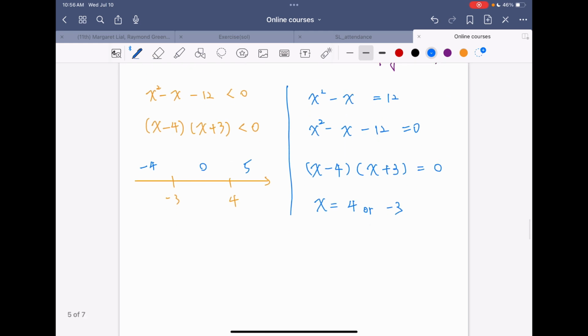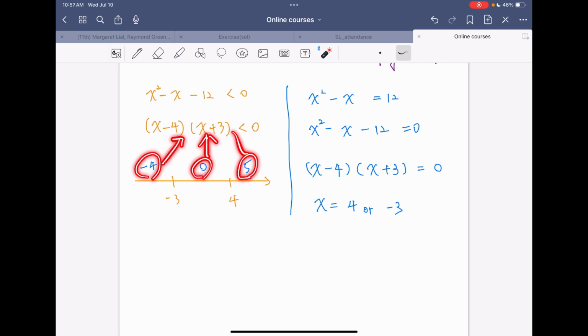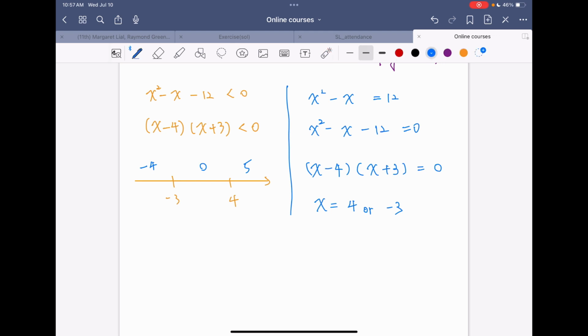So we will put each number back into this inequality and verify it. First we use minus 4. This is x less than minus 3, which represents the area here.